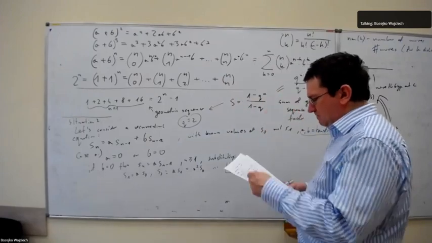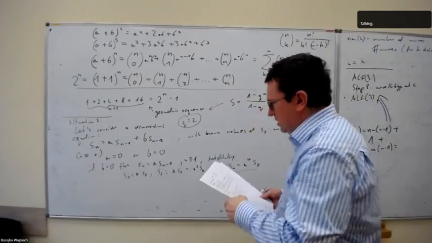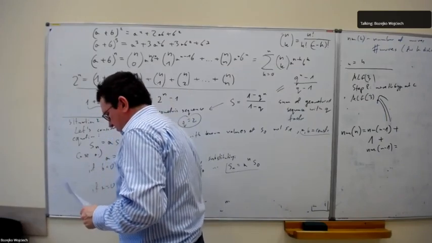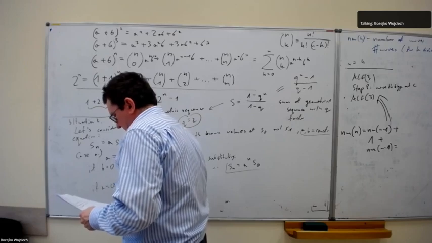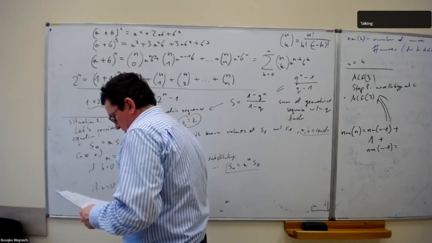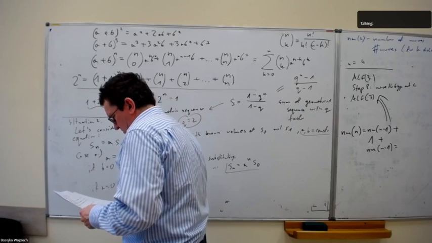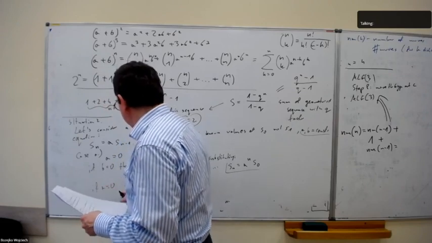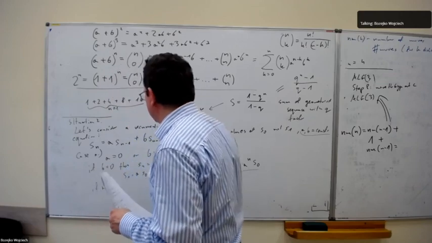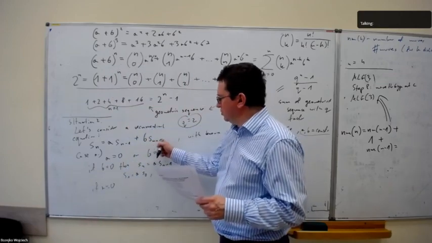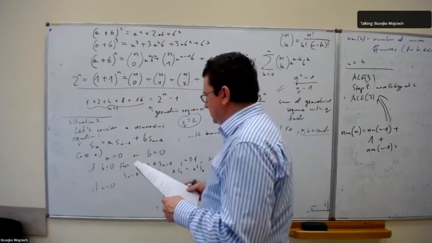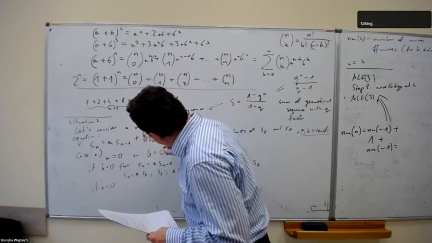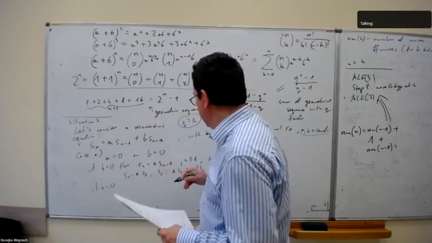If a is 0, it is a little bit more difficult, because this is n minus 2 here. So if a is 0, we have such a formulation: Sn is b times Sn minus 2, with difference 2.